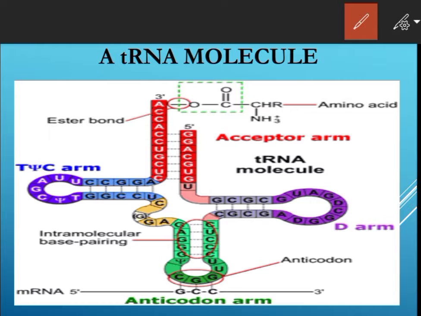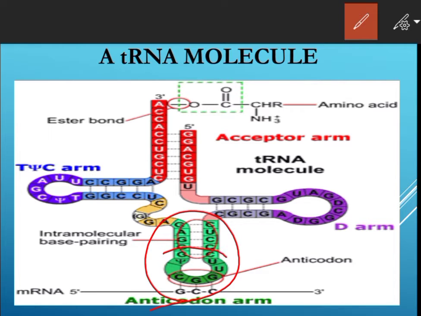tRNA has 5 arms or loops as follows. That is anticodon loop. It has bases complementary to the code. Children, can you see this? This is the anticodon arm or anticodon loop.